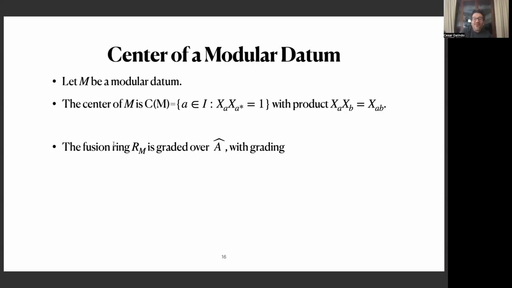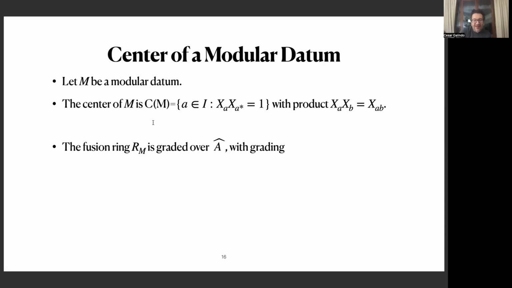And the point, and this is the nice thing for the construction, is that the fusion ring is really universally graded, in the sense that any other possible grading comes basically by a quotient.